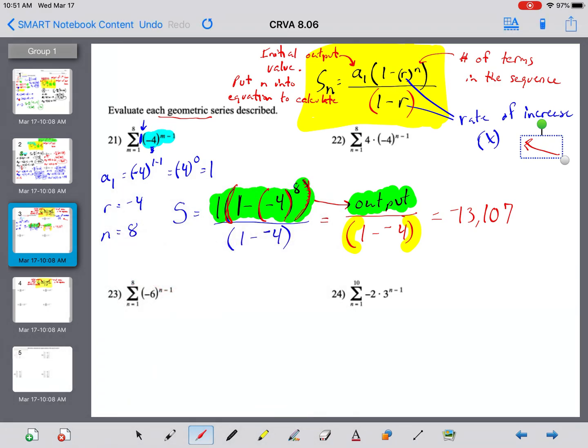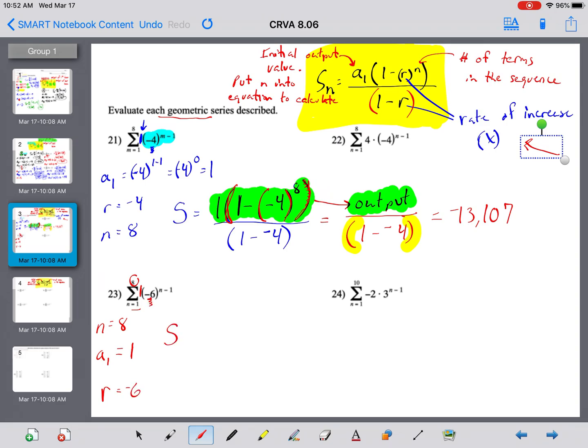So number 23, we need the number of terms, which is 8, because we're going from 1 up to 8. Our a sub 1 is going to be the multiplier out in front, which is 1. And our rate is negative 6. It's whatever the base is.